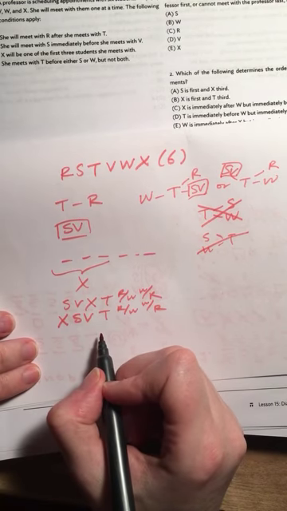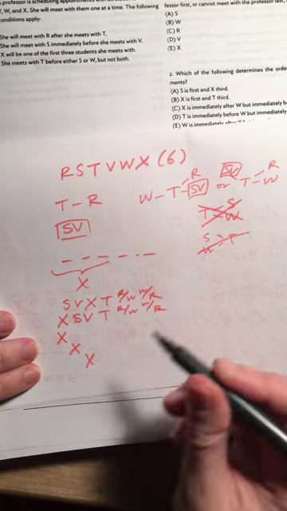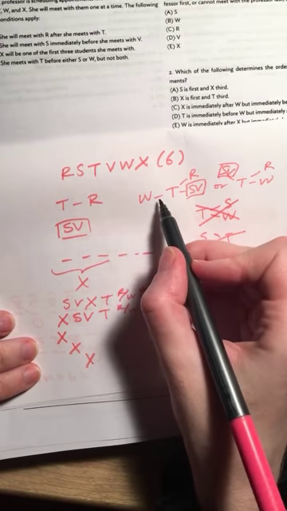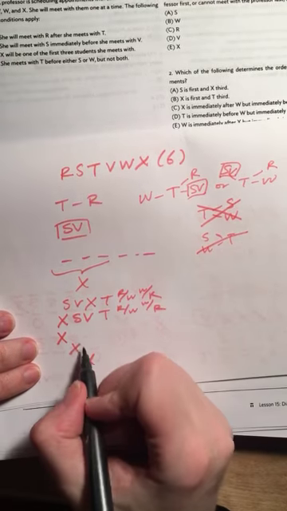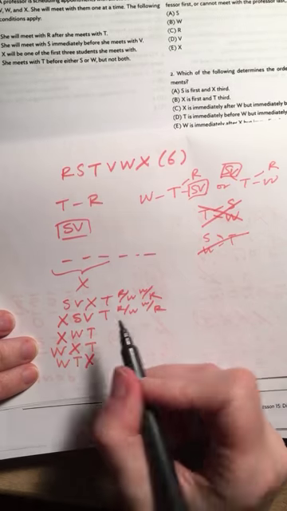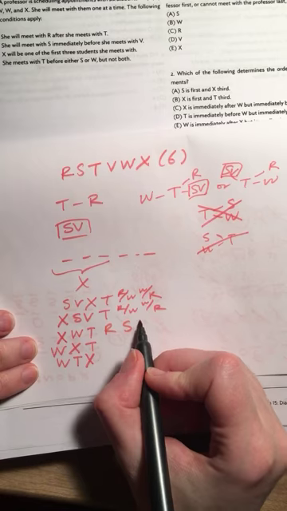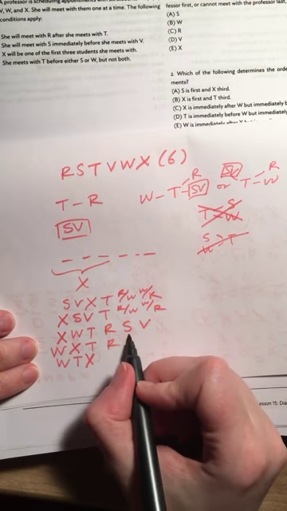In this one, we would have X could be before W, between W and T, or after T, and then we just have WT, T, WT, and then here we would have either RSV or SVR.